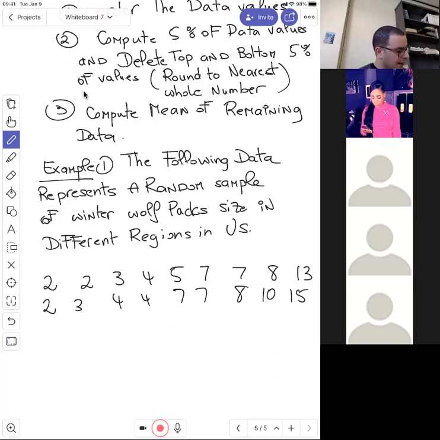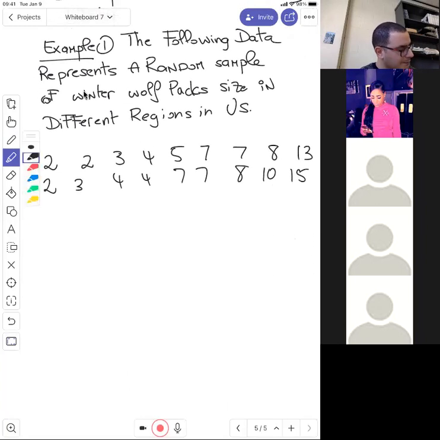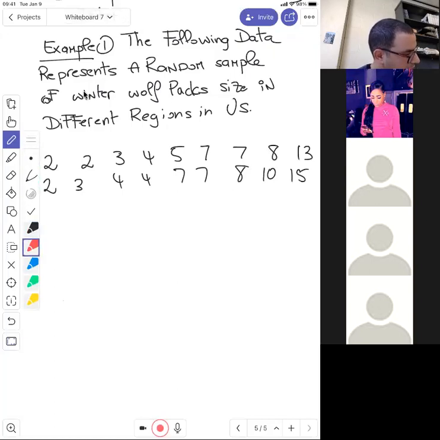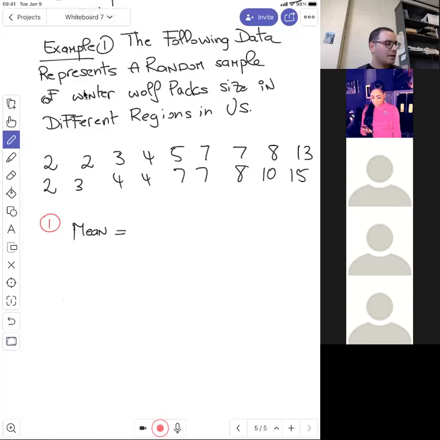All right. I'm going to show you how to compute this. First, let's compute the mean. We're going to compare the mean to the trimmed mean. So first we compute just the mean.